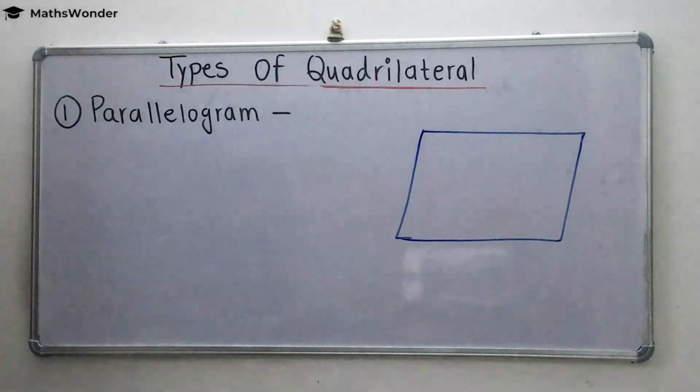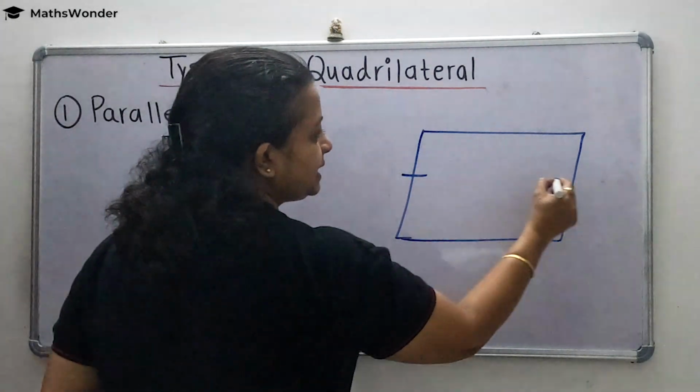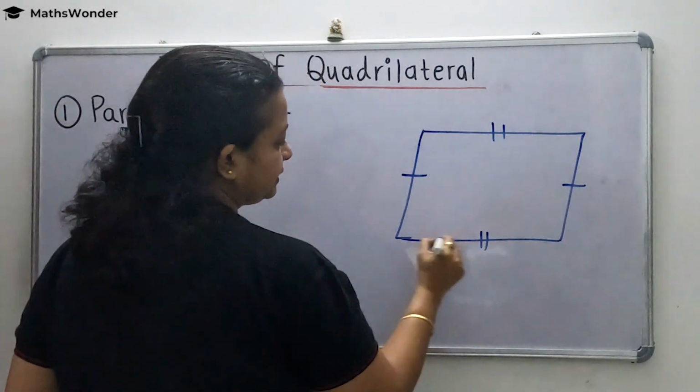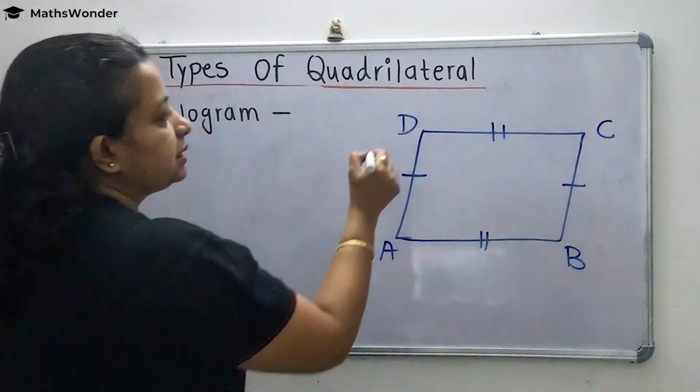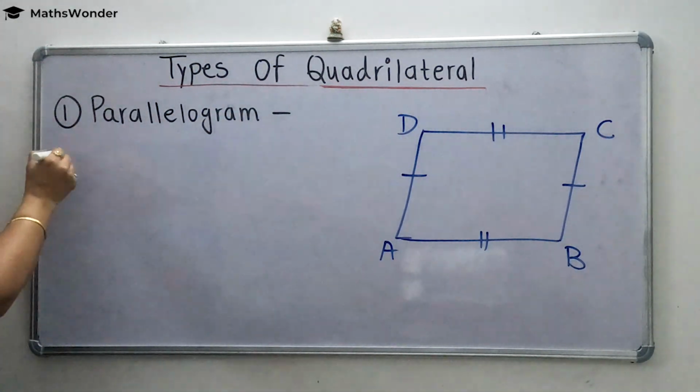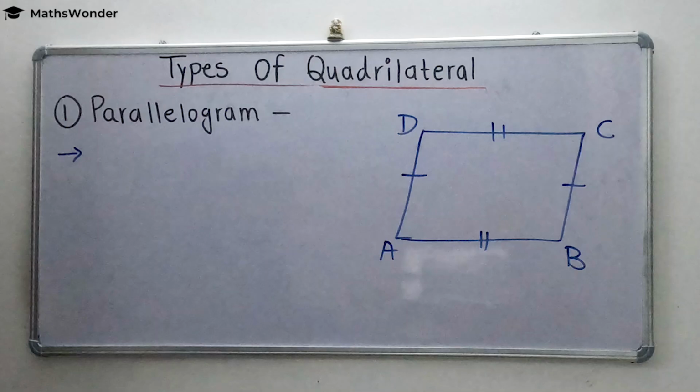Now, a parallelogram is a quadrilateral in which each pair of opposite sides is parallel, right? Each pair of opposite sides is parallel, meaning this and this. Suppose we have given the naming like this. So the first property of the parallelogram is about opposite sides: each pair of opposite sides is parallel.